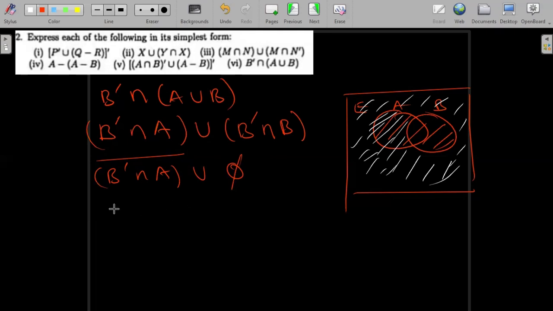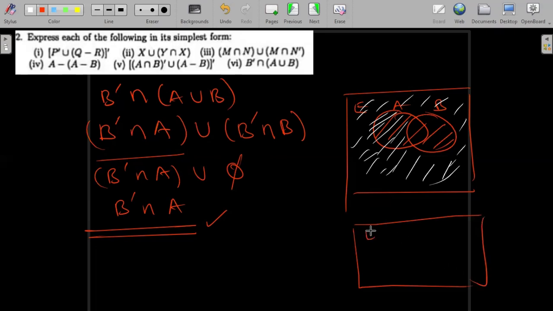And when you unite that, you just have B complement intersect A. So this here is going to be our final answer. That is the part where the lines cross. And if you just write it separately, you have A and B there. That part is just this one here, all the way like that. That's that part which we found.